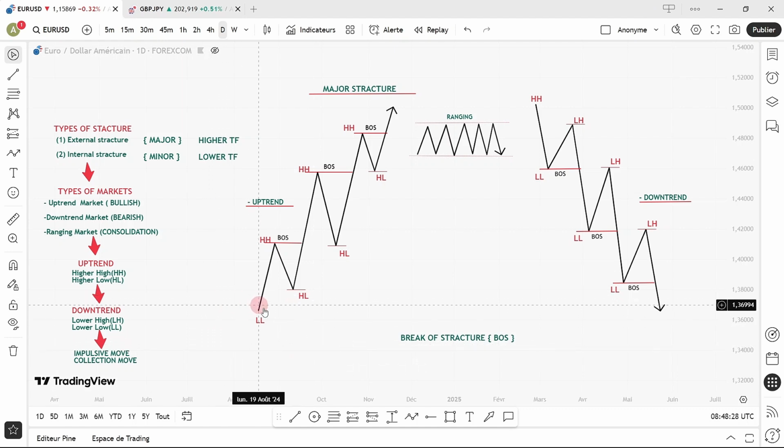When the price is moving up, it is called an uptrend or a bullish market. So you have to keep that in mind. When the price is rising to the upside, it is called an uptrend or a bullish market. When the price is falling or going down, just like it is indicated here, this is called a downtrending market or a bearish market.